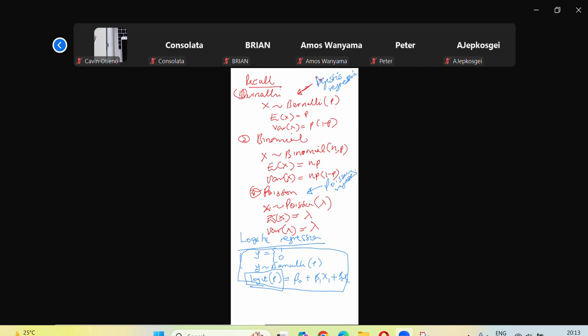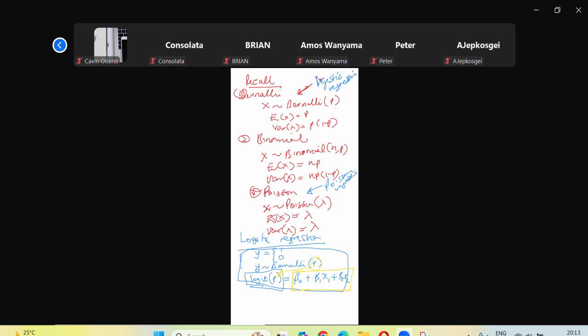And I repeat, guys, this p here is the one that comes there. On the right-hand side, it just looks like the way multiple linear regression is, but we don't put the error term.